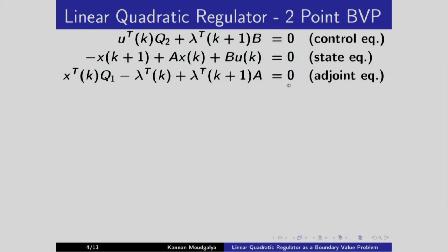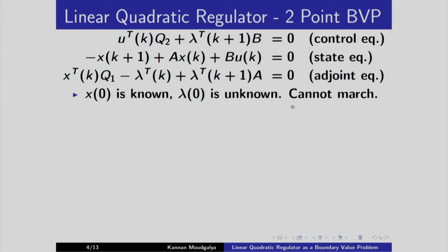So let us start with the three equations we derived earlier by differentiation. We called these the control, state and adjoint equations. Lambda 0 is unknown, we cannot march forward. We will demand that u of n be equal to 0, that is, k n equals 0.